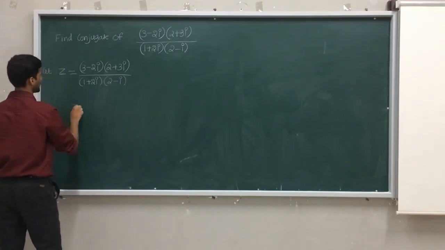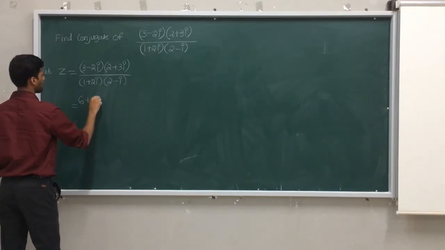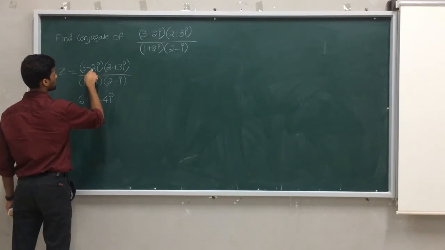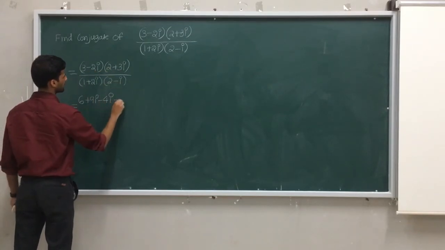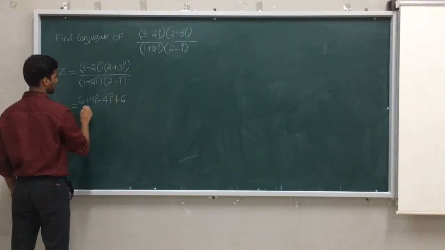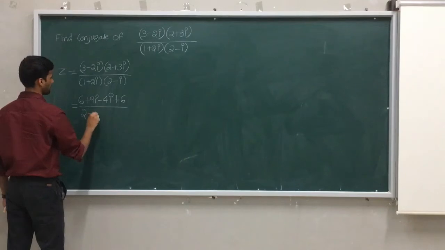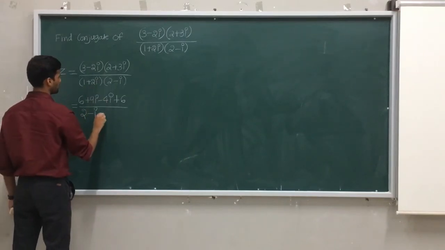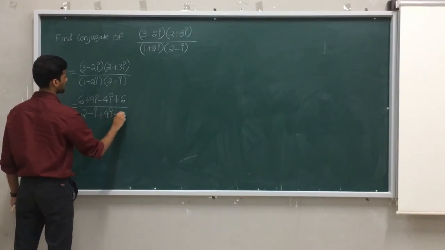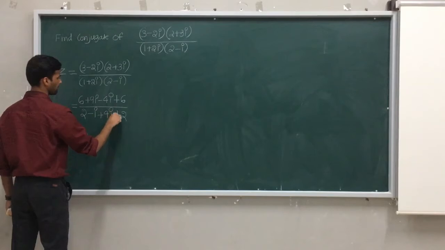So what I will do here is, 3 twos are 6, 3 into 3i is 9i, minus 4i, then minus 2 into 3 is minus 6i, into i square is minus 1, minus becomes plus, divided by 1 into 2 is 2, 1 into minus i, 2i into 2 is 4i, then 2i into minus i is minus 2i square, i square is minus 1, minus becomes plus.